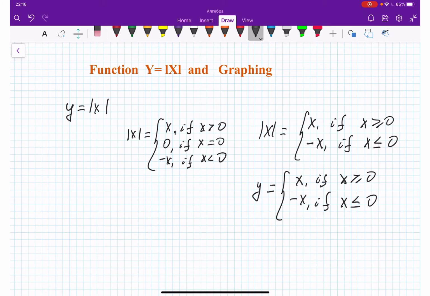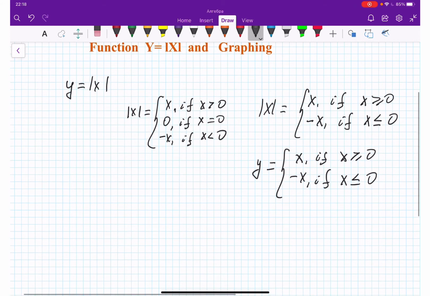Okay? All right. So now let's see how the graph will look when x is greater or equal to 0, and how the graph will look when x is less or equal to 0.